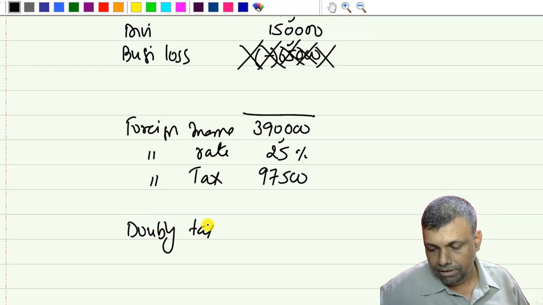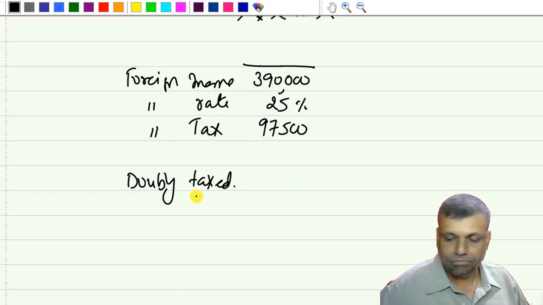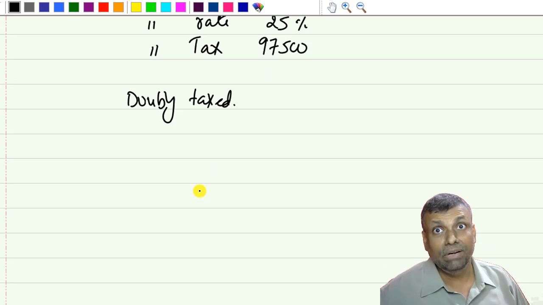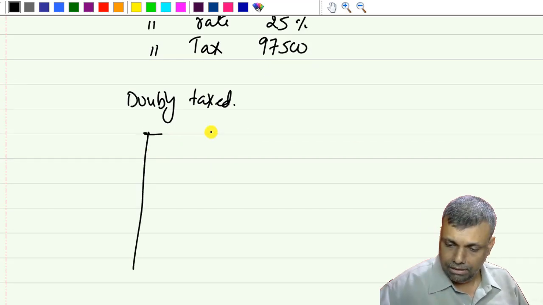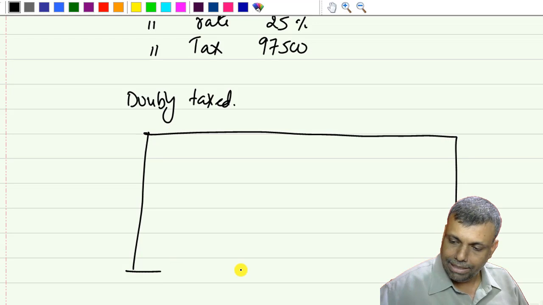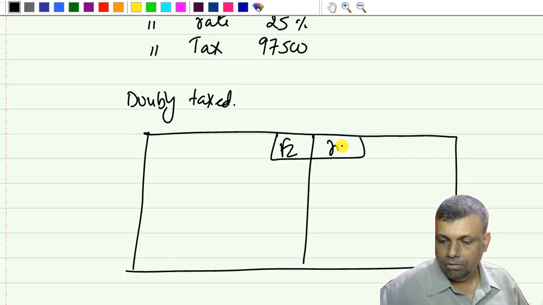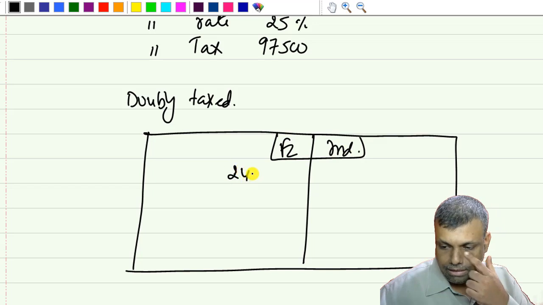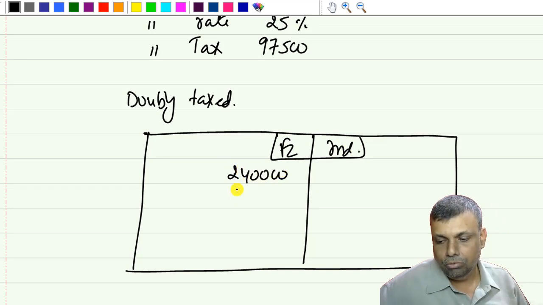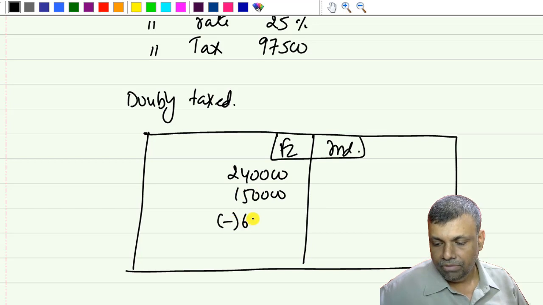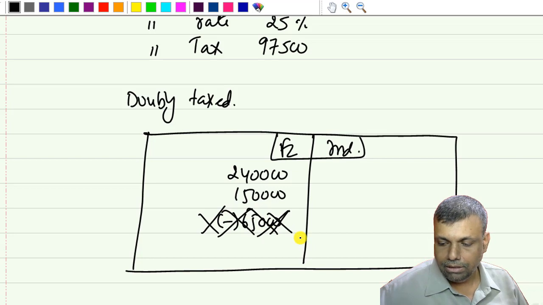But what will be the doubly taxed income? Doubly taxed income is a different analysis altogether. Imagine the situation in the foreign country and India. House property income was 40,000, dividend was 1,50,000, and there was a loss of 65,000, but that is not allowed in that country.